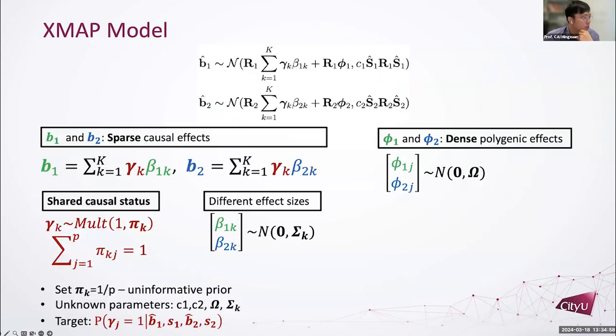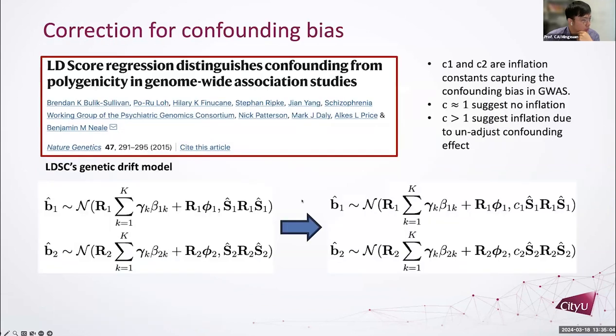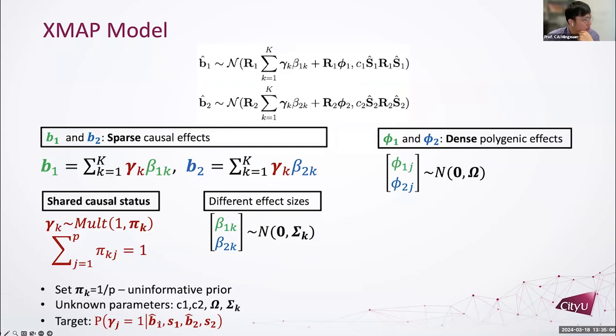Now we put this final model together with our probabilistic specification. Our final goal is to evaluate the posterior probability of gamma J. Before that, we need to estimate the unknown parameters C1, C2, omega, and sigma K. There will be an identifiability problem if we simultaneously estimate all of these, because sigma K and omega may not be identifiable.